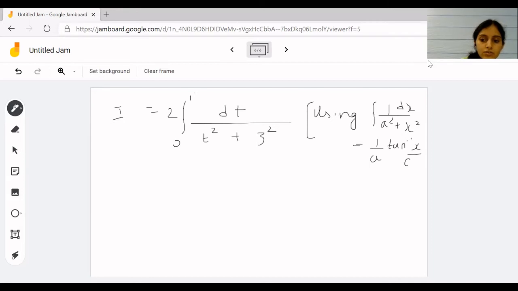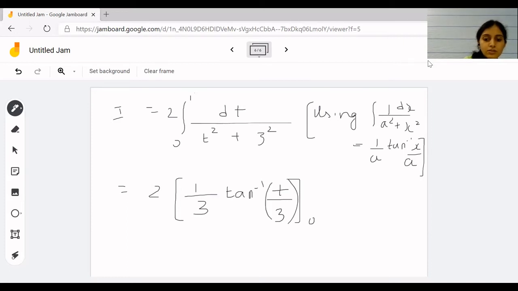This was a very common formula we used in integration, so we can directly put it here as 2 bracket 1 upon a, here a is 3, so 1 upon 3 tan inverse of t by 3, and our limits are 0 to 1. So the final answer will be 2 upon 3, and let us put the limits now.